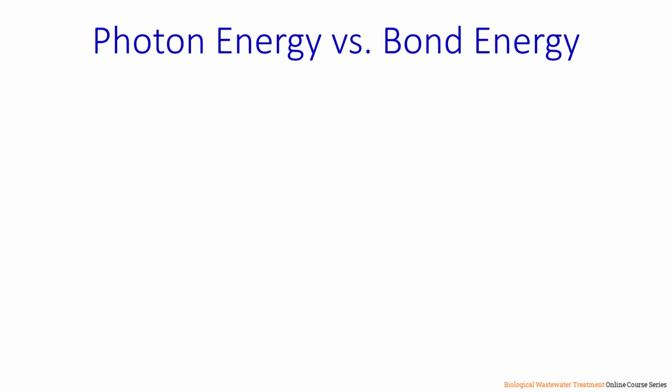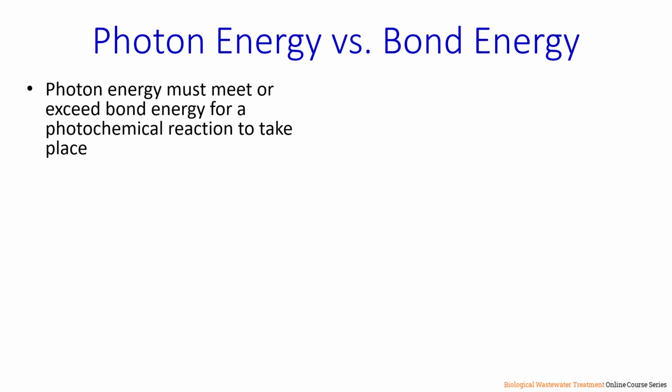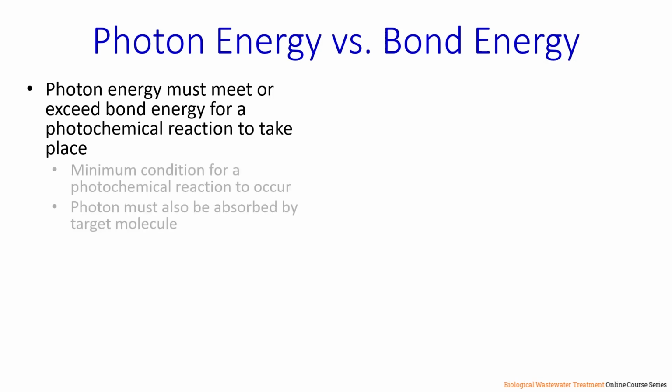Now let's consider photon energy versus bond energy. As mentioned previously, photon energy must meet or exceed bond energy for a photochemical reaction to take place. This is a minimum condition for a photochemical reaction to occur, and we also know that that photon must be absorbed by the target molecule.